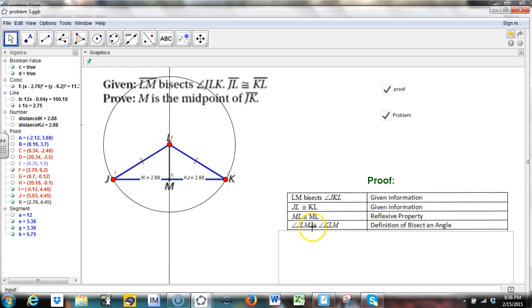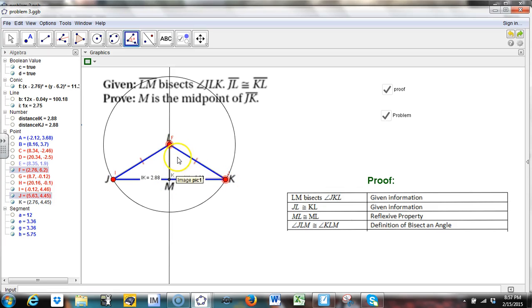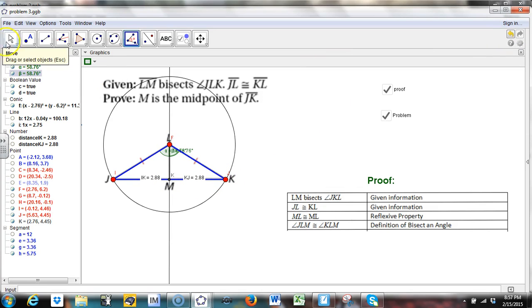And then we also know the fact that this angle, I'm going to measure this, right? If we bisected this angle, then these halves are guaranteed to be congruent to each other. Right, so notice exact same thing, 58.76, 58.76, right? Cut it in half.